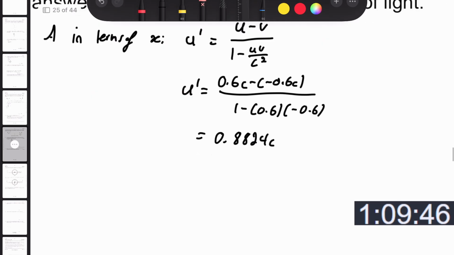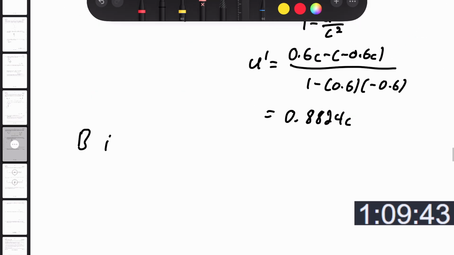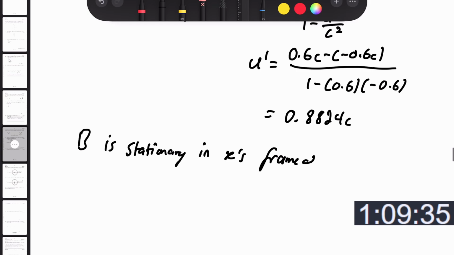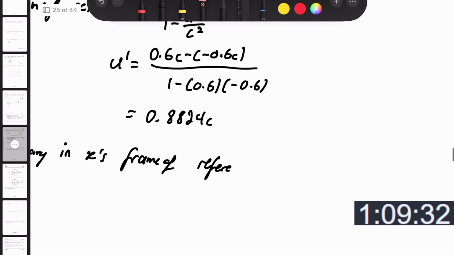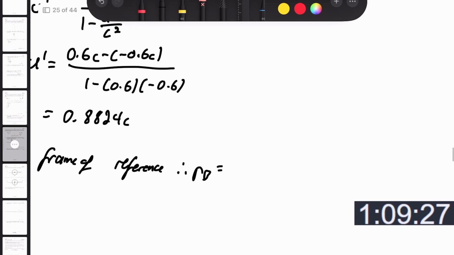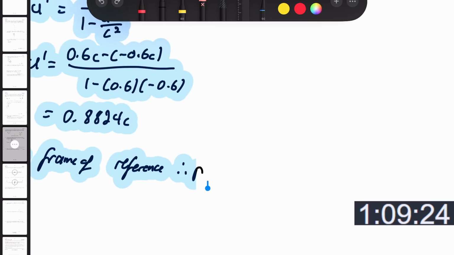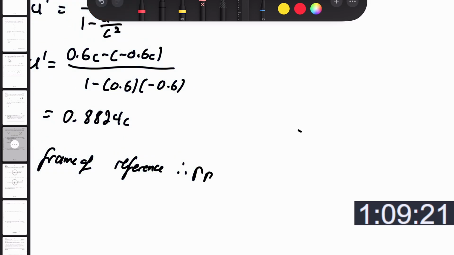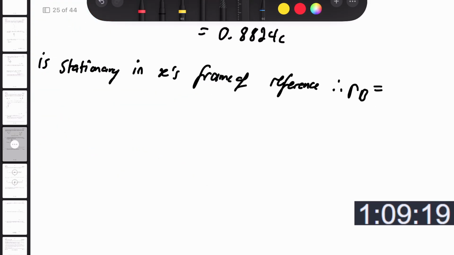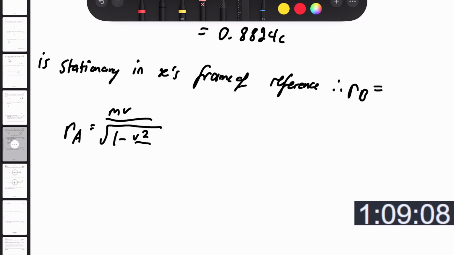And then relativistic momentum. B is stationary in x's frame of reference, therefore the momentum of B equals 0. But then the momentum of A is equal to mv over the square root of 1 minus v squared over c squared.